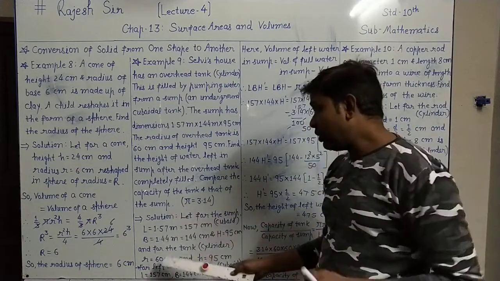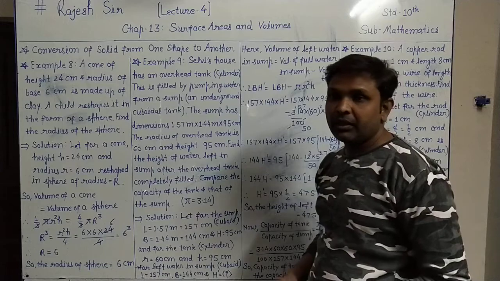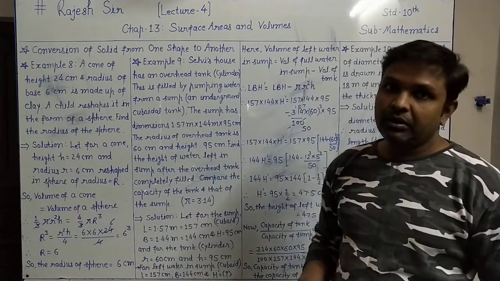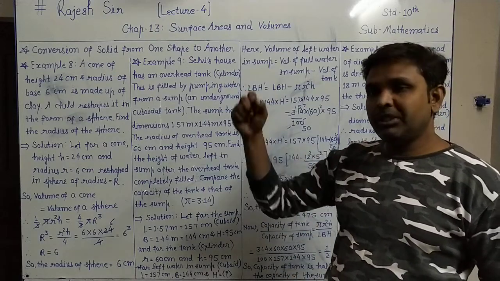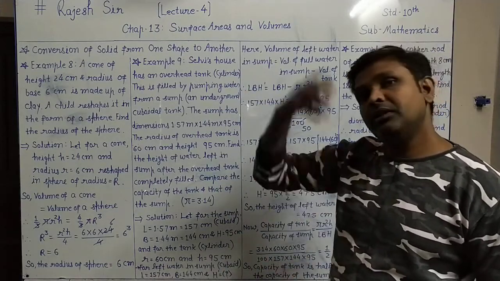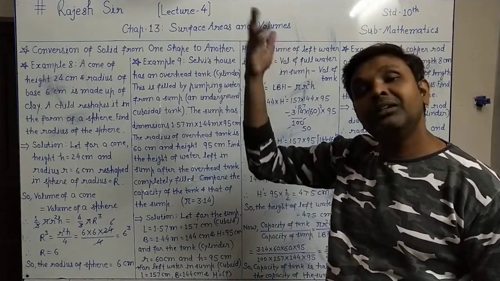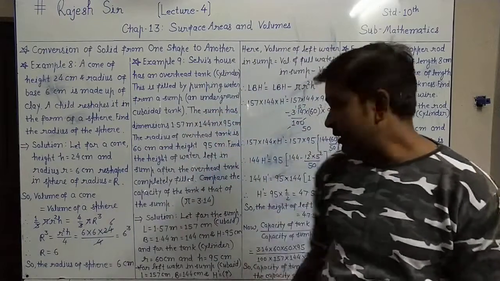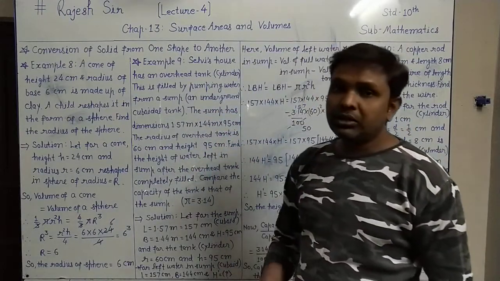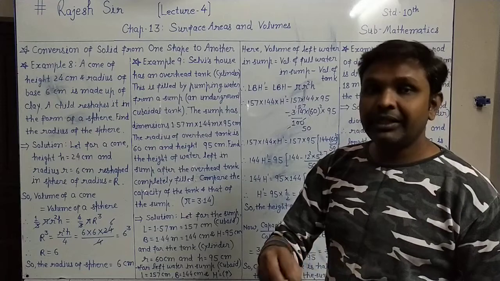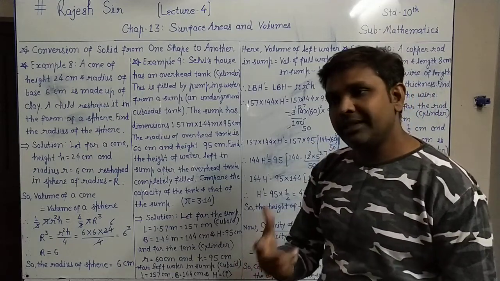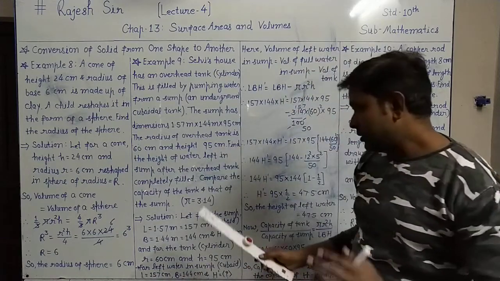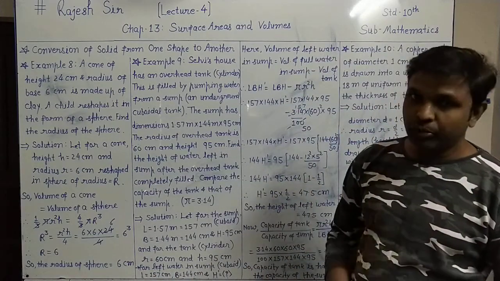Now the question is about the left water in the sump. You know, the sump is in the shape of a cuboidal tank. If we remove the water, meaning the water is pumped to fill the overhead tank, whatever water is left in the sump will take the shape of the sump, and the sump is cuboidal only. So the left water's shape is also cuboidal.